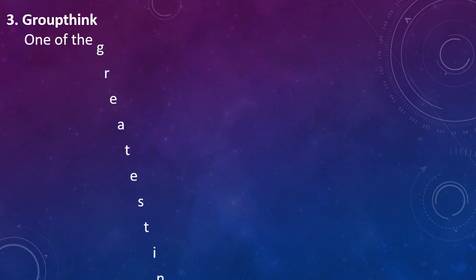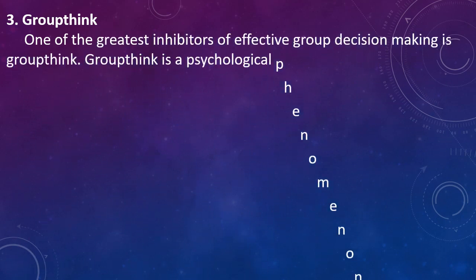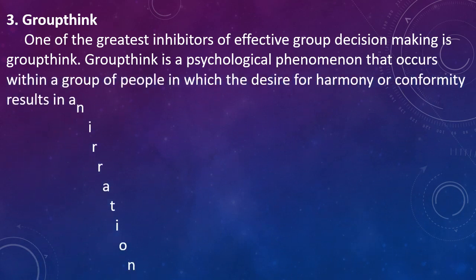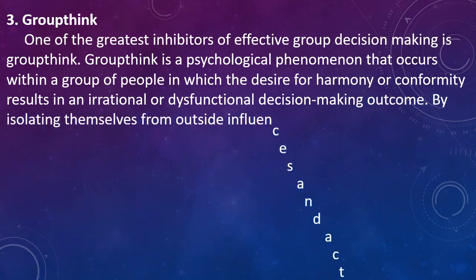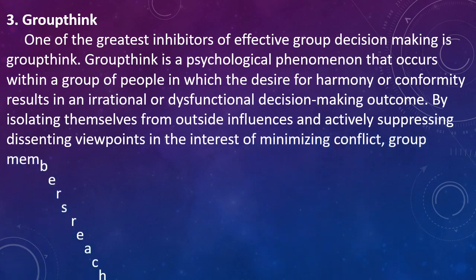3. Groupthink. One of the greatest inhibitors of effective group decision-making is groupthink. Groupthink is a psychological phenomenon that occurs within a group of people in which the desire for harmony or conformity results in an irrational or dysfunctional decision-making outcome.